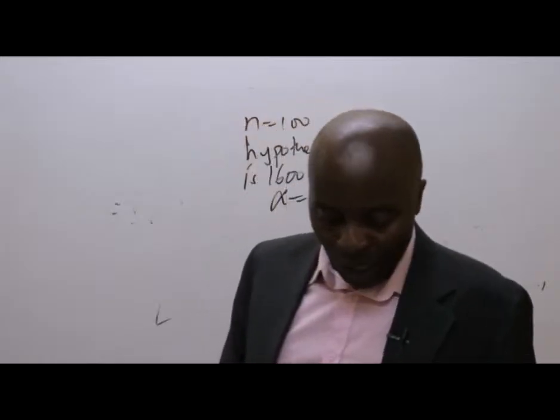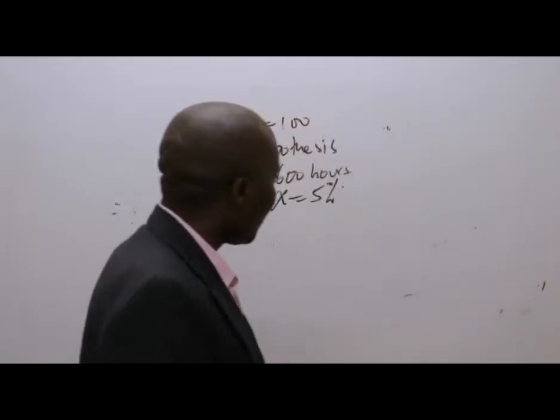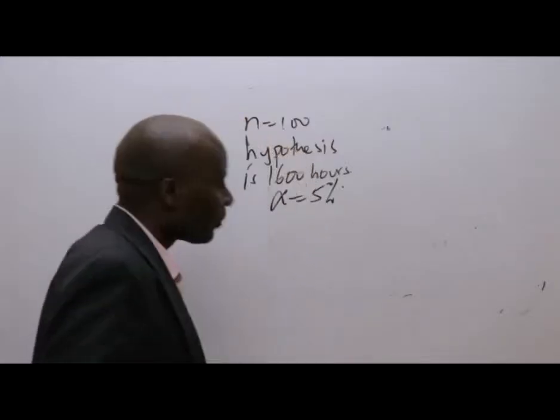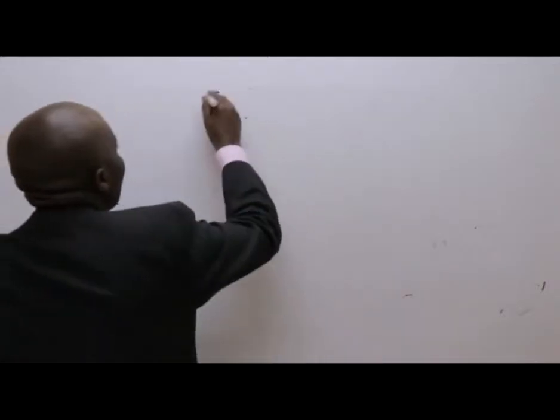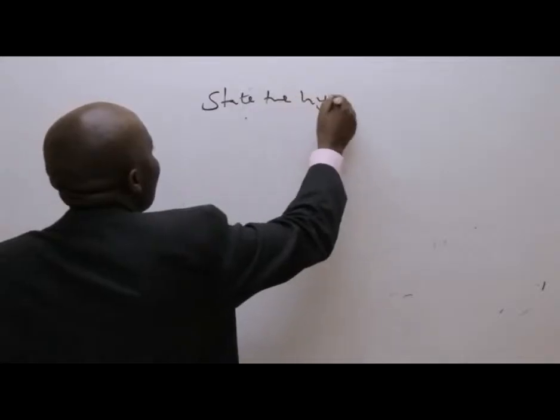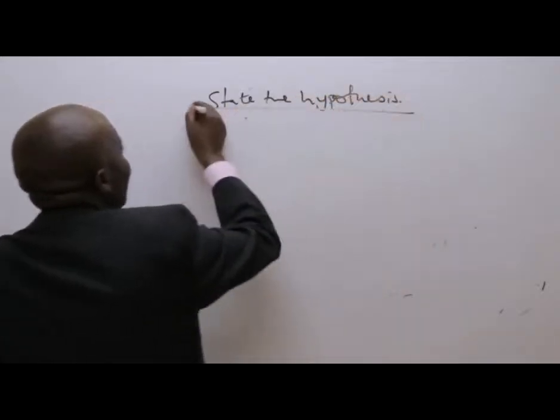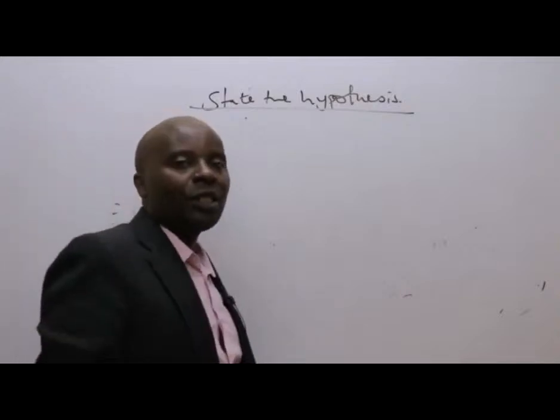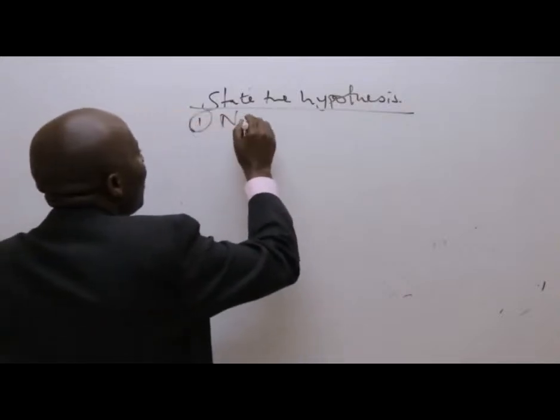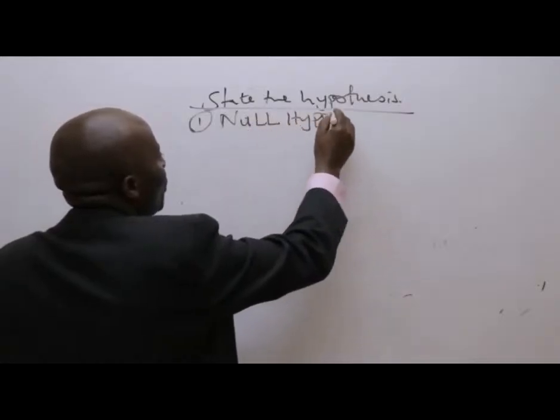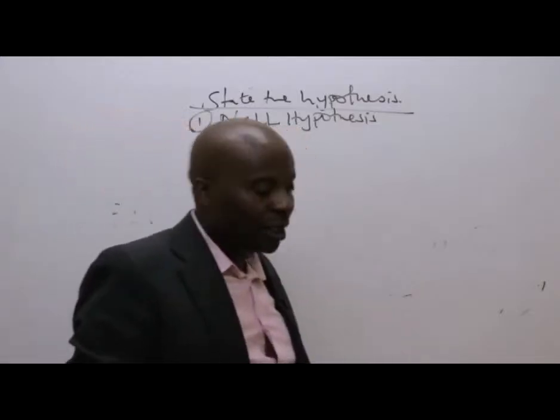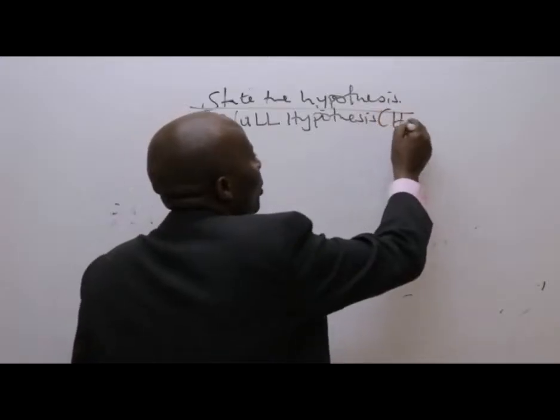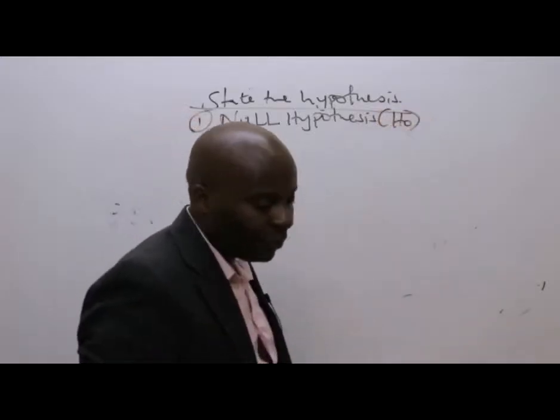This is very, very easy. So how do we get started? We state the hypothesis. So step number 1, state the hypothesis. We normally have 2 claims. The first claim being the one of the null hypothesis, what we shall be abbreviating as H0.